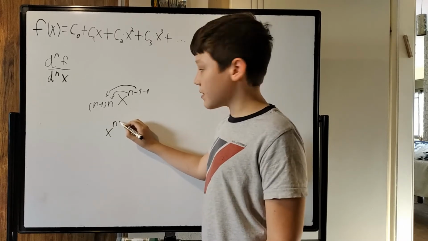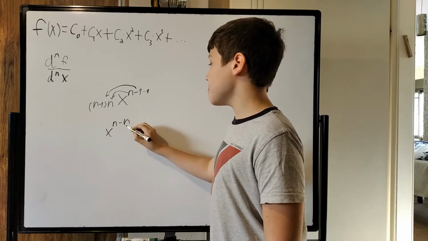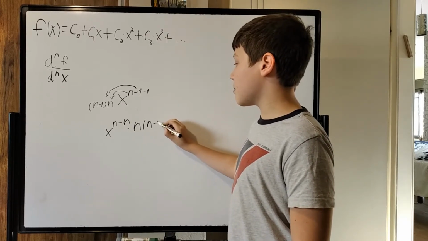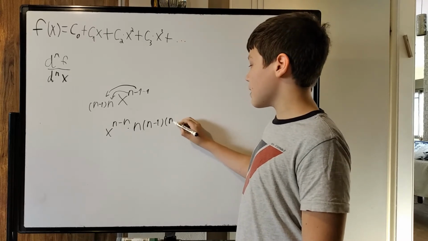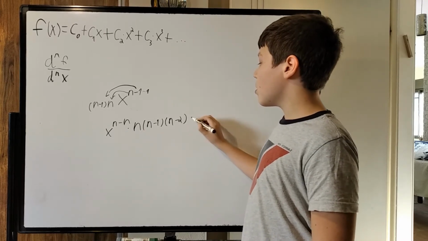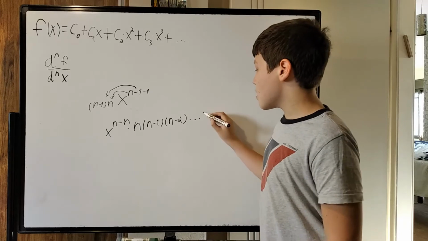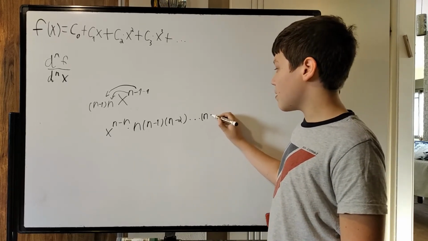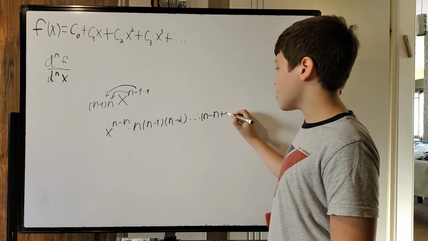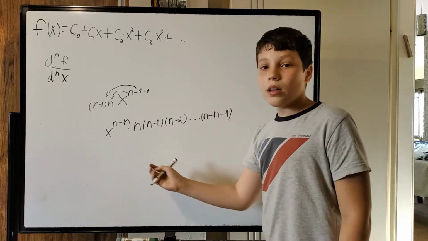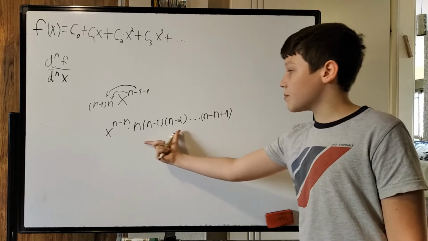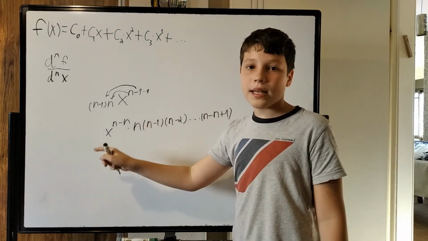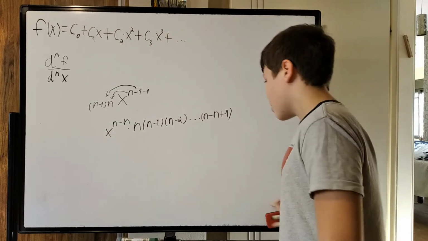So n minus n, times n minus 1 times n minus 2, all the way up to n minus n plus 1, since we need to have n terms here. N terms will multiply. Then x to the n minus n, with x being 0, is 1.